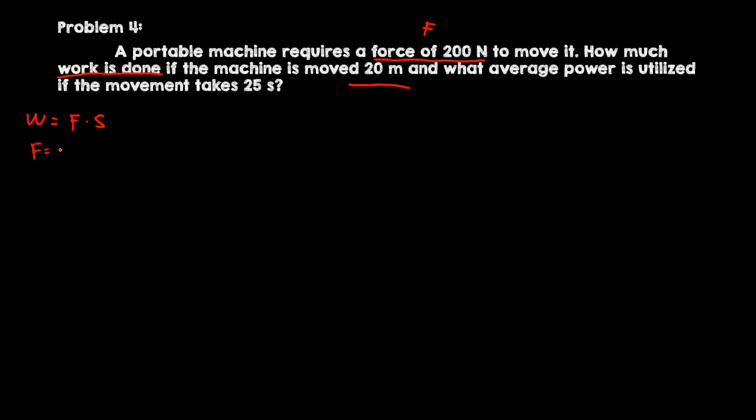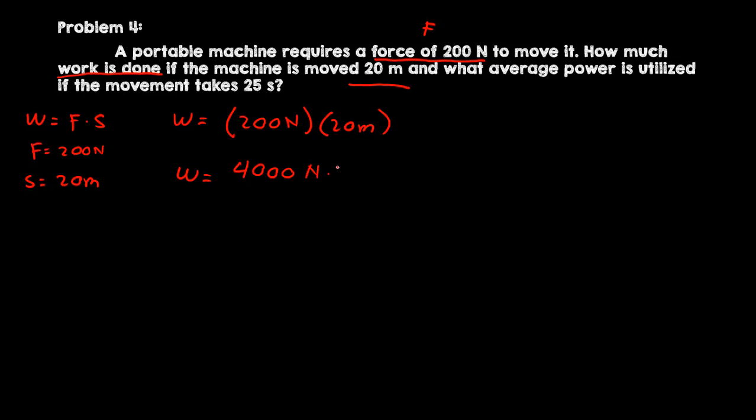If F is equal to 200 newtons and S is equal to 20 meters, so W is equal to 200 newtons multiplied by 20 meters. 200 times 20 Newton meter is 4,000 Newton meter or 4,000 joules.